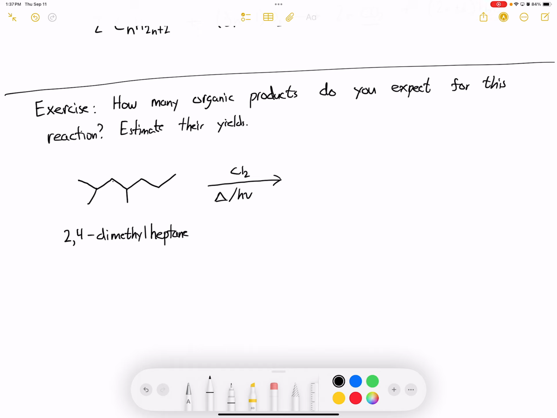Okay. Now, in order to answer this question, we have to label some of these hydrogens, okay? So right here, we have 2 methyl groups, and if I replace both of them with chlorine, I'll get the same product because they're attached to the same carbon atom, okay? So A, that's HA. I'm going to have HB right here.